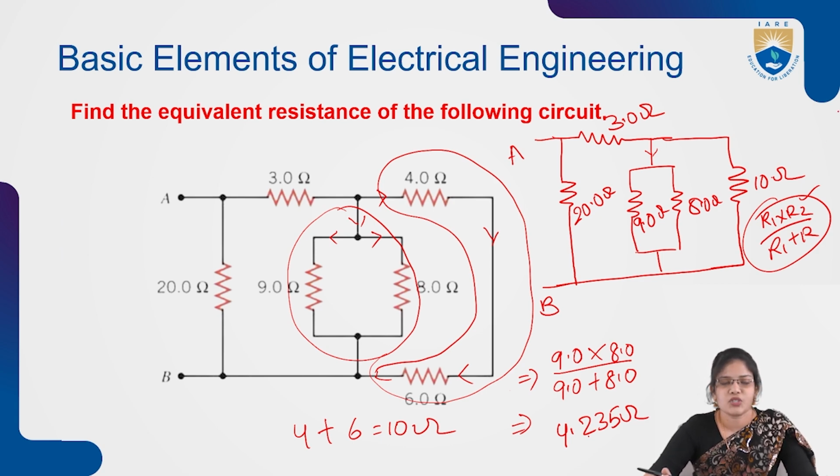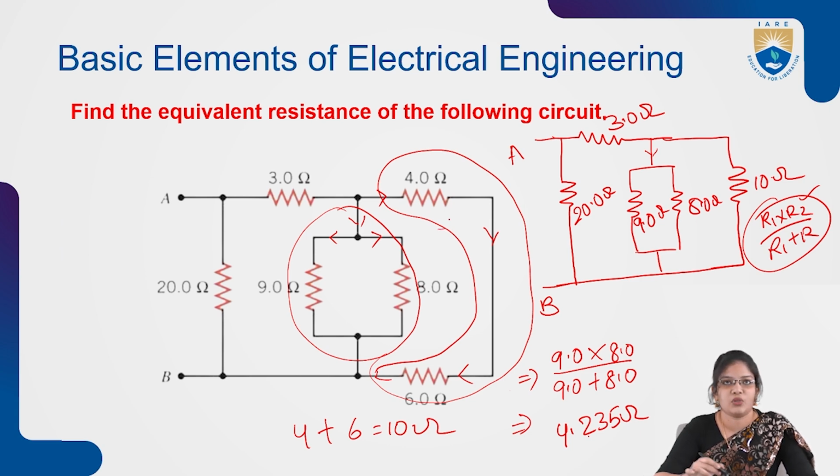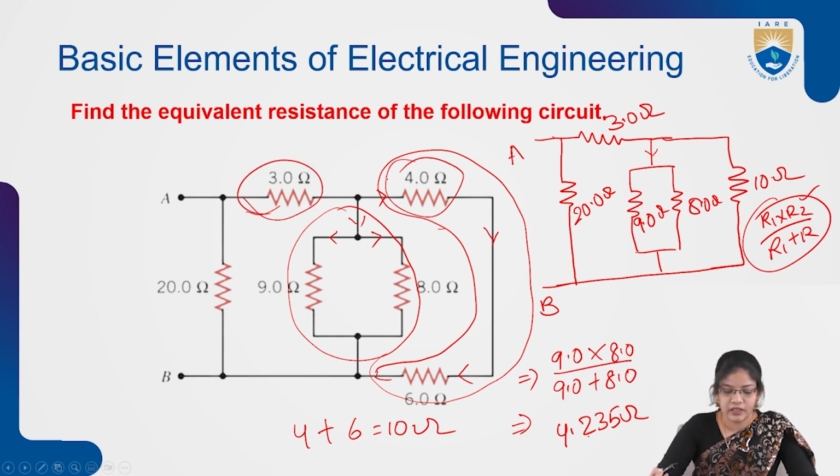In the previous lecture, we have seen how to calculate the inductances and capacitances when they are connected in series and parallel. If we consider inductances in the same circuit, in place of resistances, if we are connecting the inductors, however we have calculated for the resistance, in the same way we are going to calculate for inductances also, as the formulas for the calculation of inductance and resistance are the same.